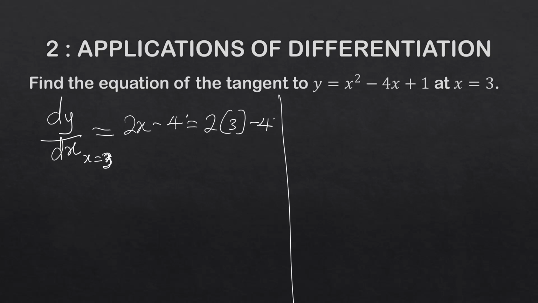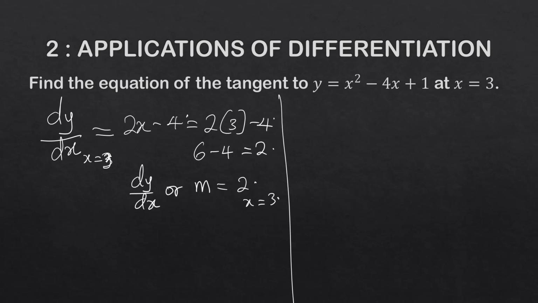Remember, x is 3 at that dy/dx. Therefore, this is going to be 6 minus 4, which is what? 2. Now, this is the dy/dx, or m, like many of you see gradient, which is equal to 2. But this is at x equal to 3, remember.